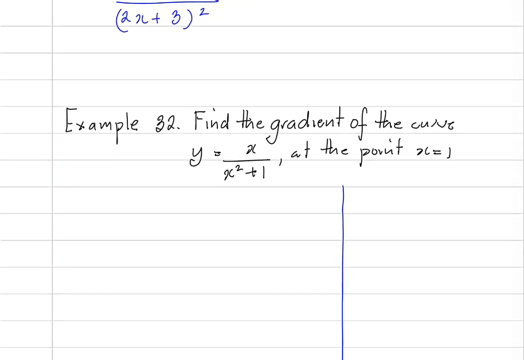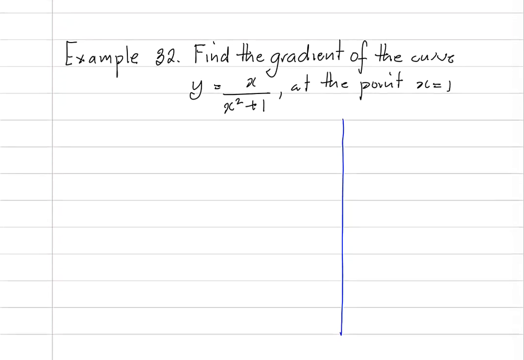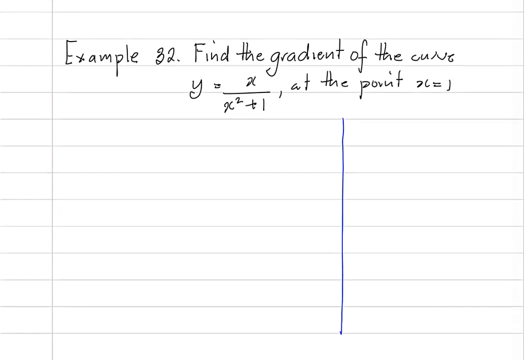Let's have a look at the second one, but this time using the shorter approach. All right, so we have y is equal to x over x squared plus 1, which is a quotient.